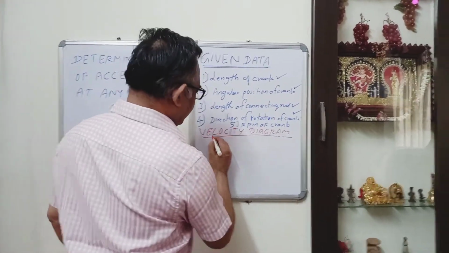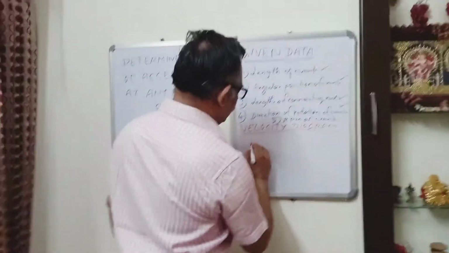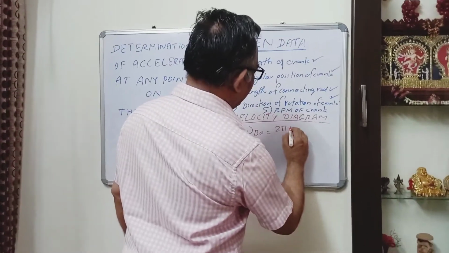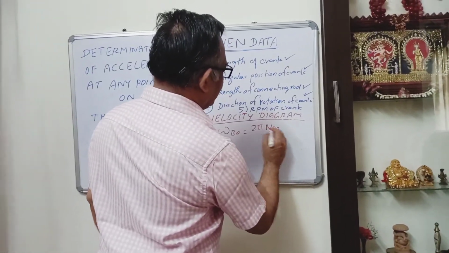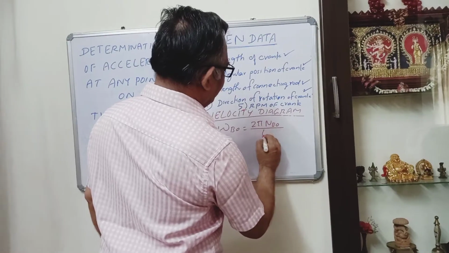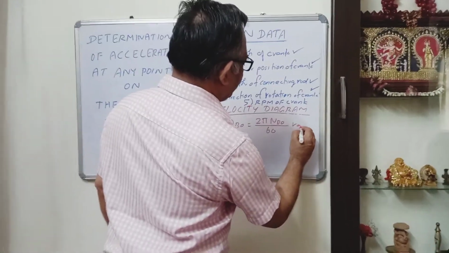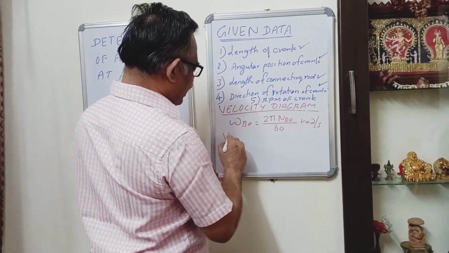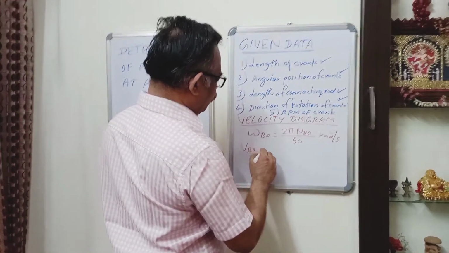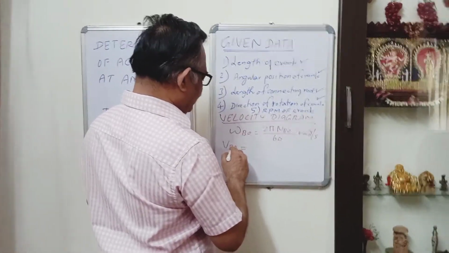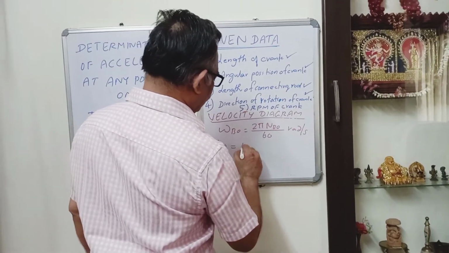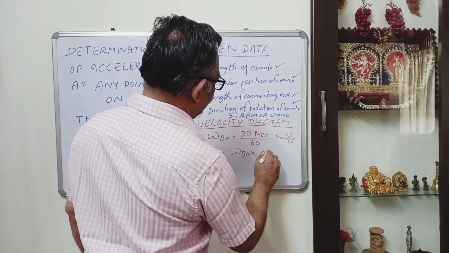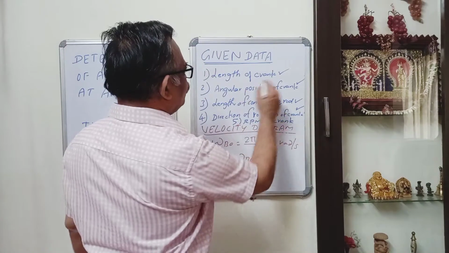Then the steps are like this to draw the velocity diagram. So omega BO is equal to 2 pi N BO divided by 60, where N BO is the RPM, giving so many radians per second. This is step 1. With omega BO, we can find the velocity of point B relative to O, that is equal to omega BO into the length OB, that is the length of crank.